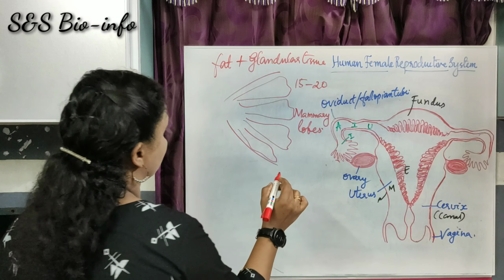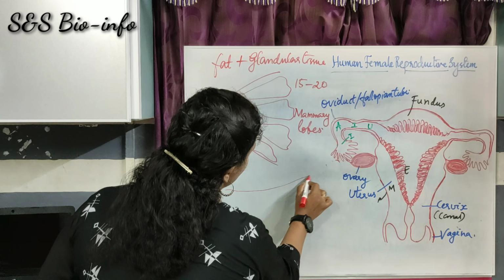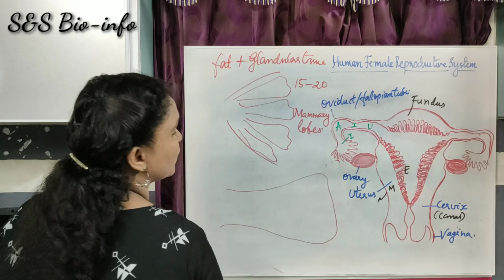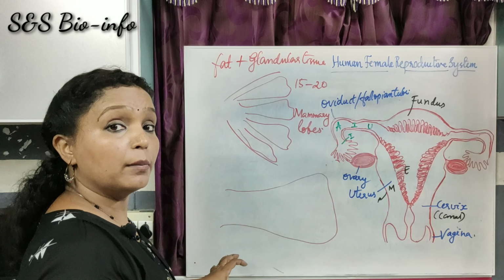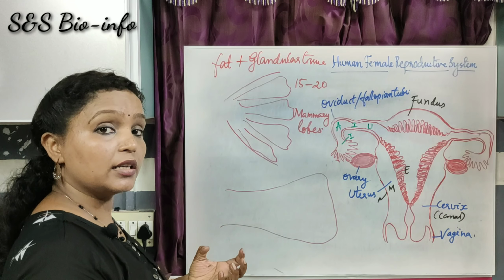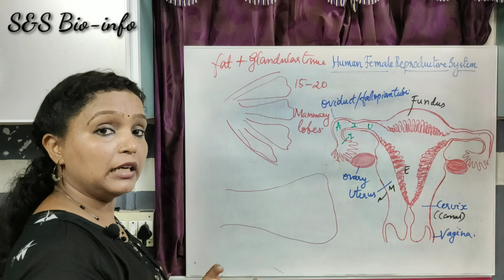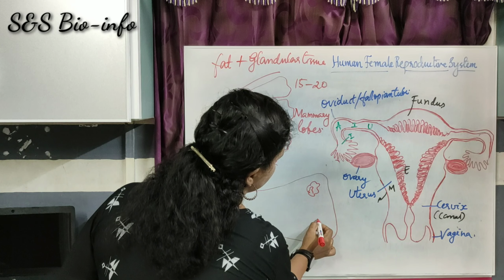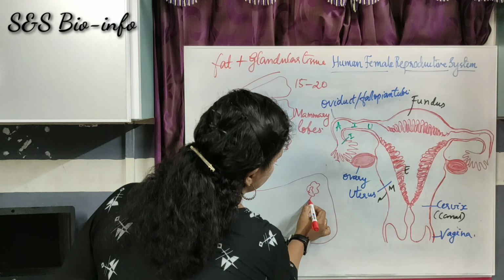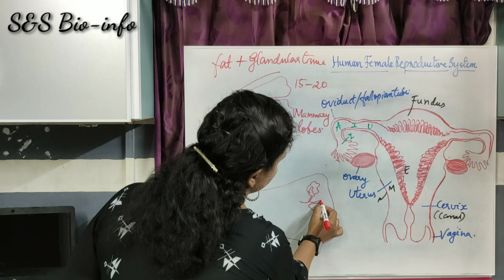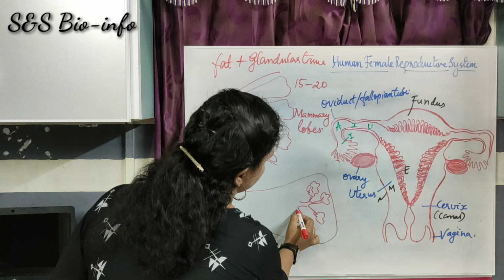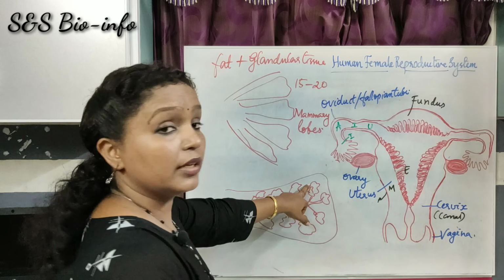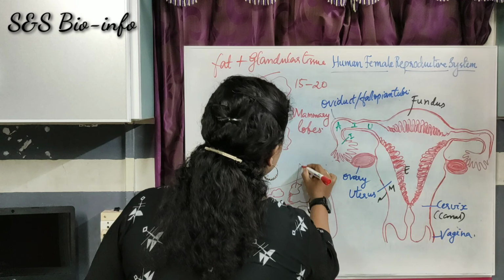Okay, let's consider one mammary lobe. Each mammary lobe has numerous milk producing cells called alveoli. These are called alveoli.